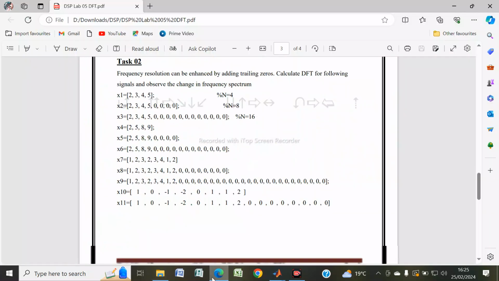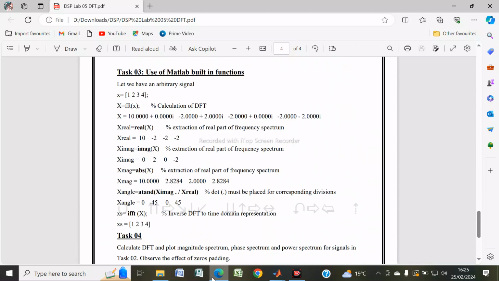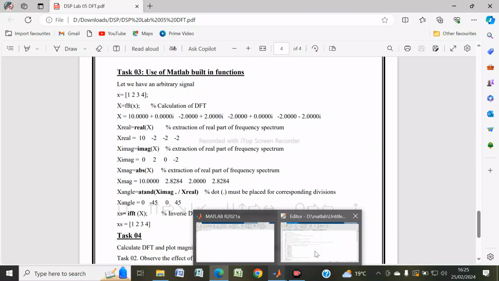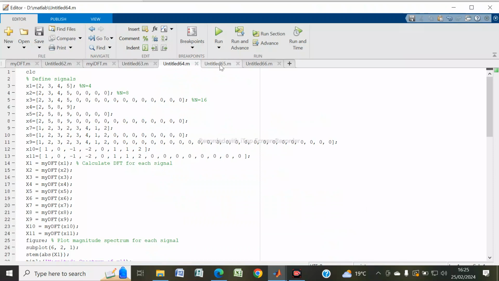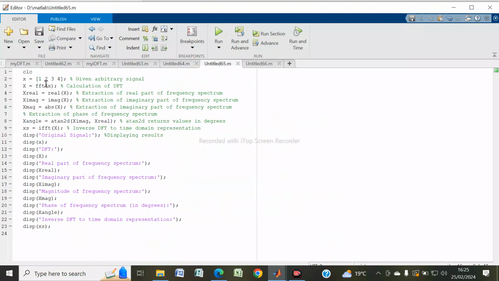Now moving towards our task number 3, in which we have to use MATLAB built-in functions to calculate the DFT. So in task number 3, similarly we have given one set, calculated the fast Fourier transform, and then we display its result.